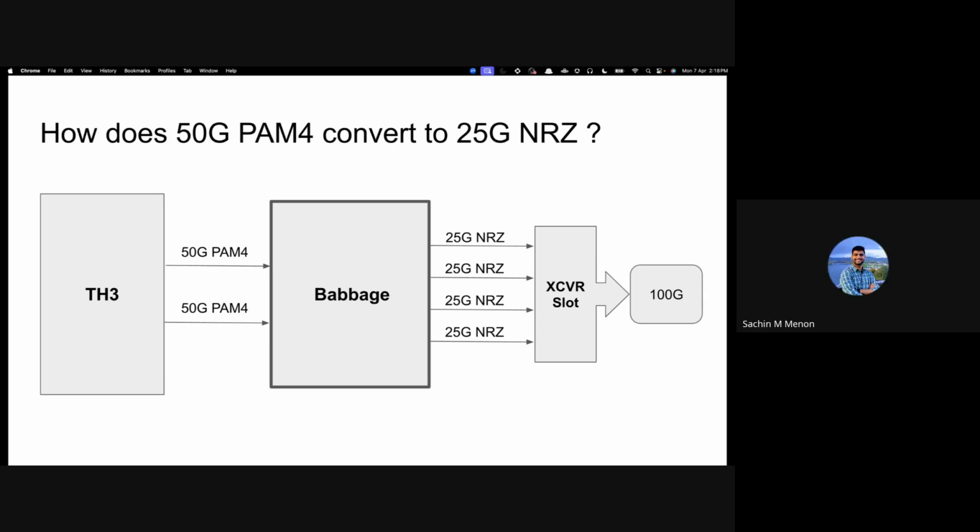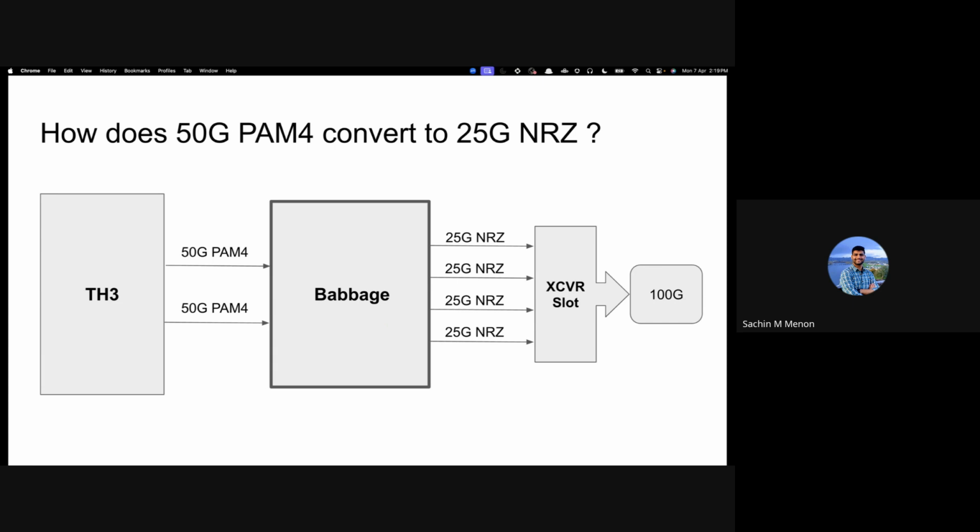So 32 divided by 4, around 8 would go to each Babbage, correct? Yes. The Babbage is also split into cores. It has two cores in the Babbage, so four for each core.